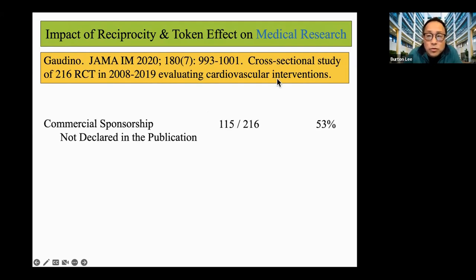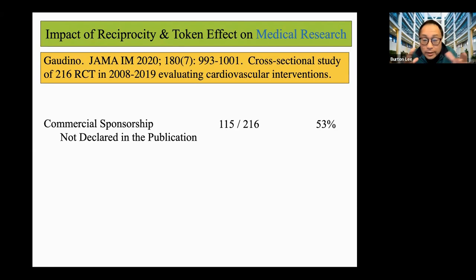So here is essentially a survey of the land for cardiac literature. Of the 216 RCTs, 115, or 53%, had industry sponsorship, so a little more than half.